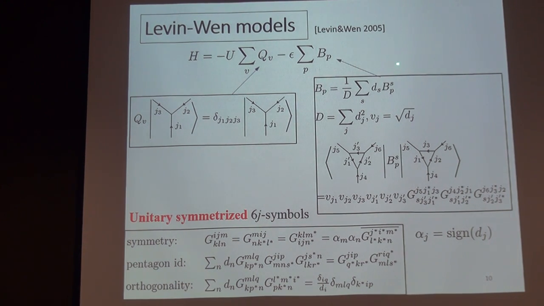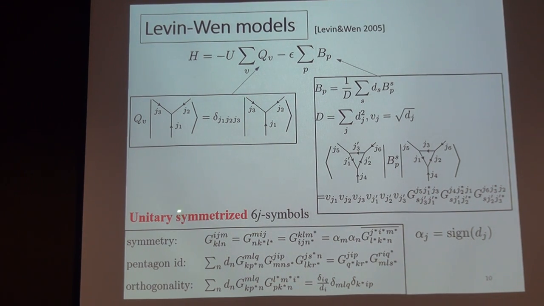Then with these string types and the fusion rule, we have the final data, which is called a signature symbol, which characterizes the fusion category. For the signature symbols, we will use some symmetry condition. It's called a unitary symmetrized signature symbol.